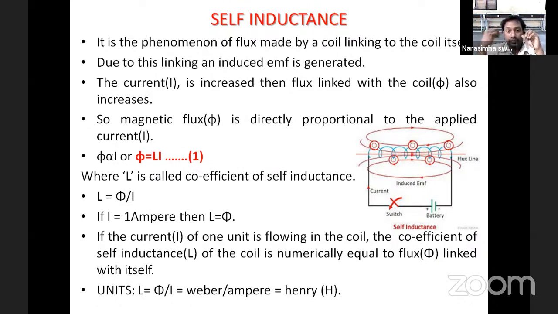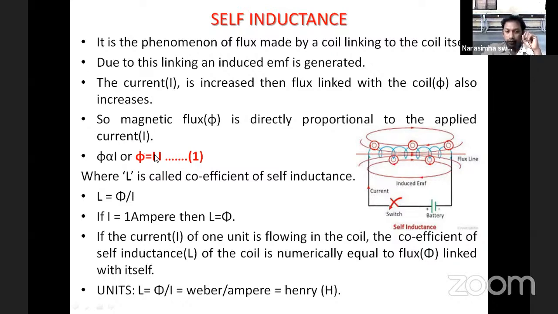So the change in magnetic flux depends on the amount of current that you supply. Here is the equation: phi is proportional to I. Phi is the magnetic flux, directly proportional to I, the amount of current flowing through the circuit. To avoid the proportionality sign, we use a constant, so phi is equal to LI. Look at this expression, equation 1.